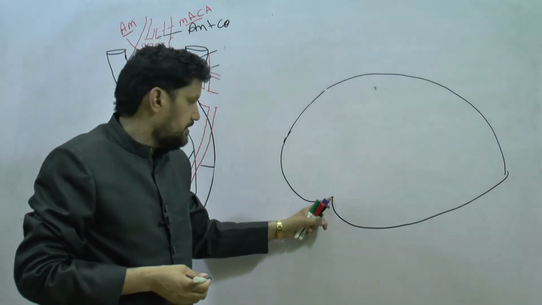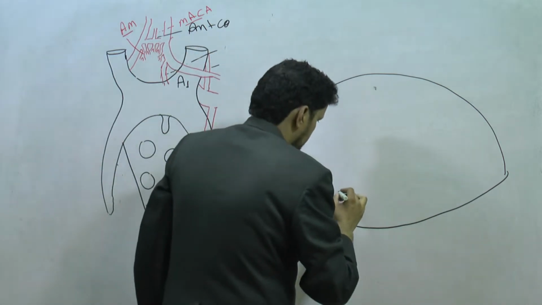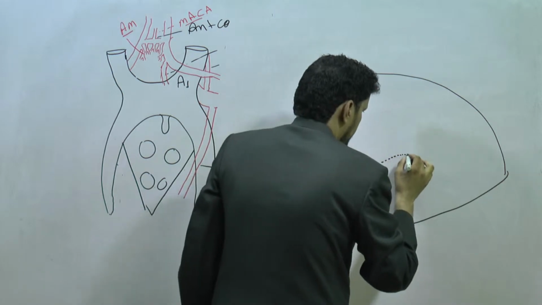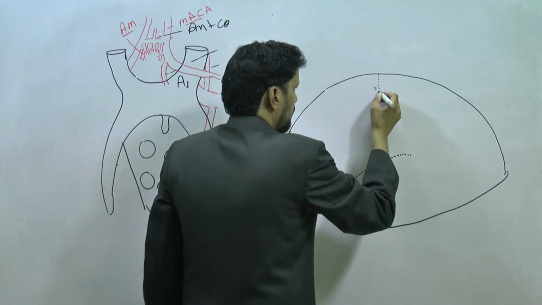The lateral fissure is here, and this is the outline of the posterior ramus of lateral sulcus and central sulcus of Rolando.